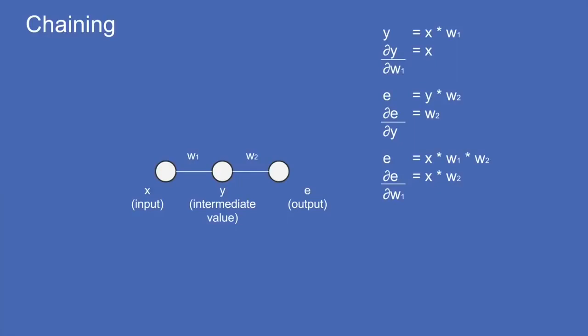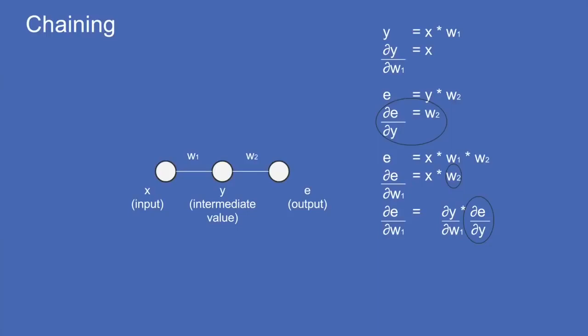So this illustrates that what we just calculated is actually the product of our first derivative that we took, dy dW1, times the derivative for the next step, dE dy, multiplied together.